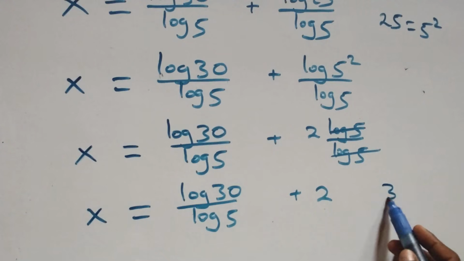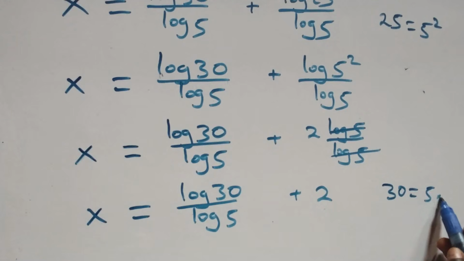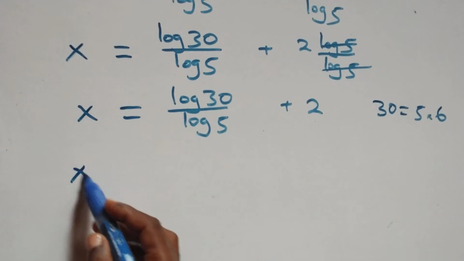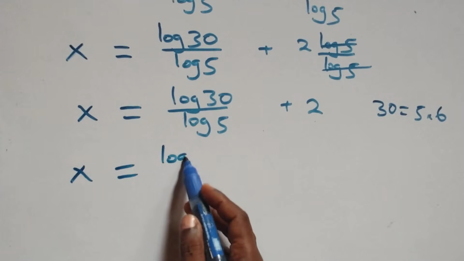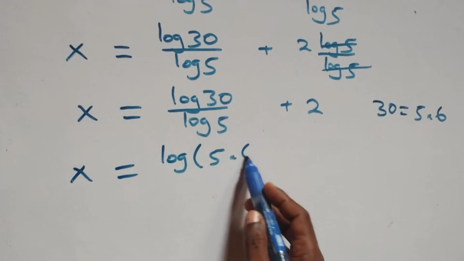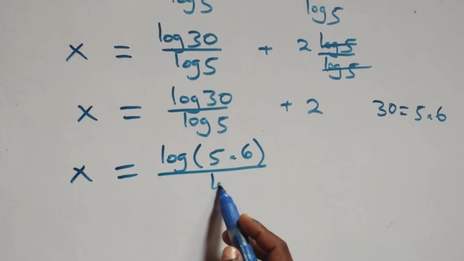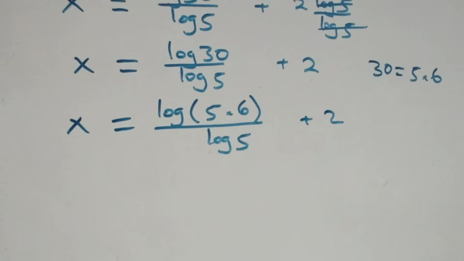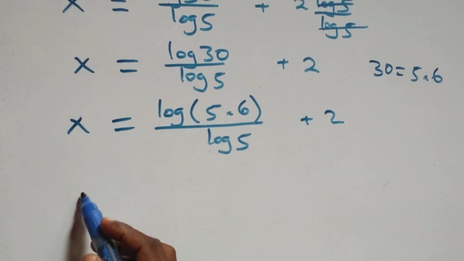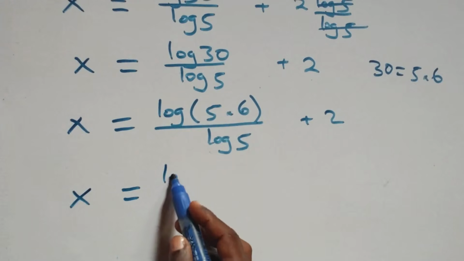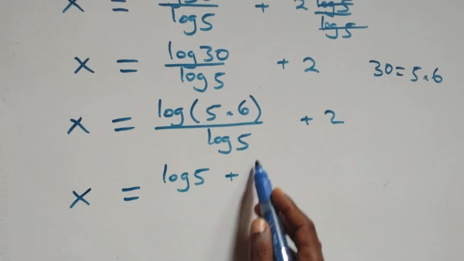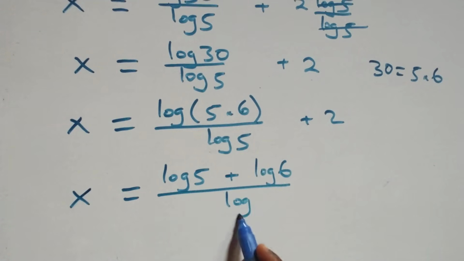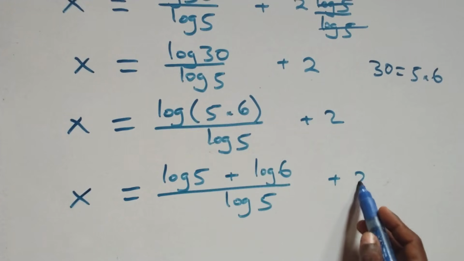Then also here, we can write 30 as 5 times 6. That is, here what we have becomes x equals log 5 times 6 over log 5 plus 2. Then this also follows the law of logarithm, and we have x equals log 5 plus log 6 over log 5 plus 2.